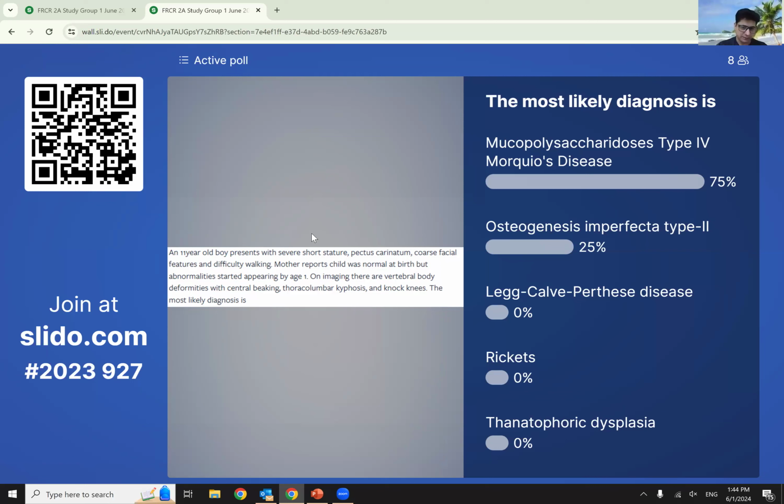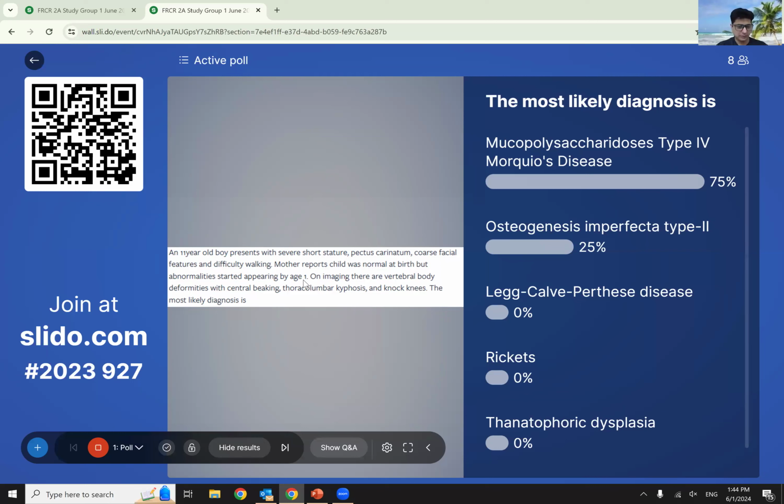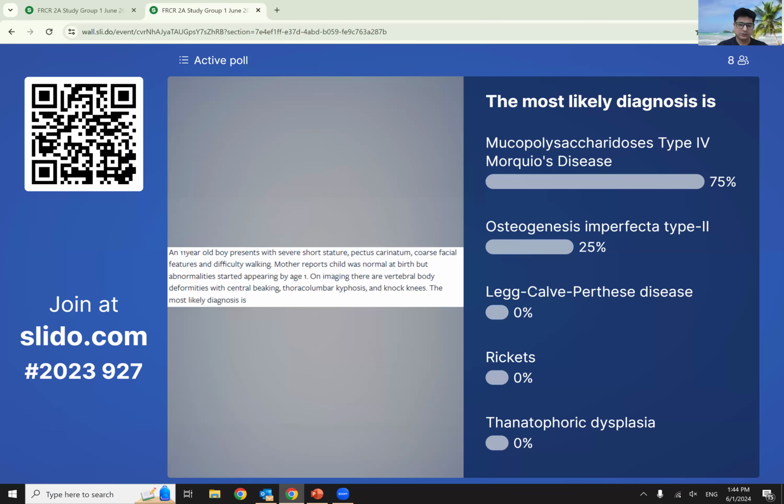So in an unusual or uncommon condition, we have to give you enough clues that you know the answer by the time you've read it. It does require you to read a lot, but that's why we are doing these sessions. You're going to see a whole lot of these, and hopefully by the end of it, you'll know most of it. You should be able to comfortably cruise through your 2As.